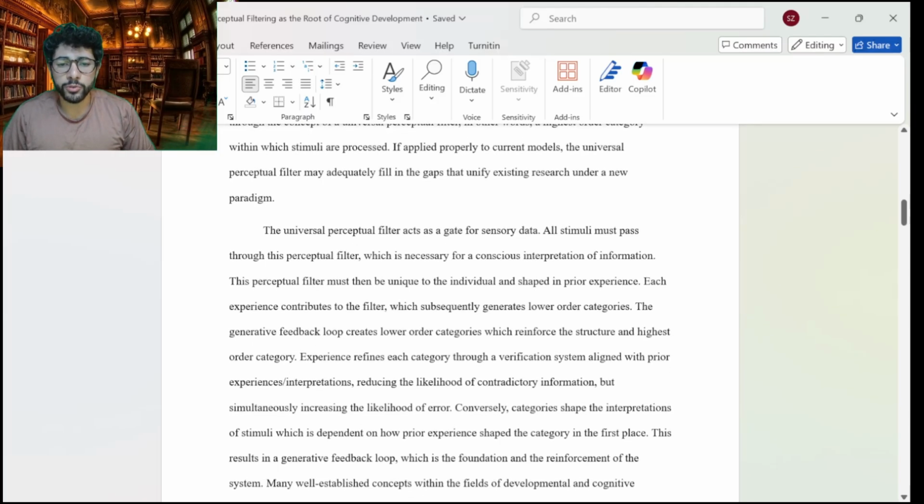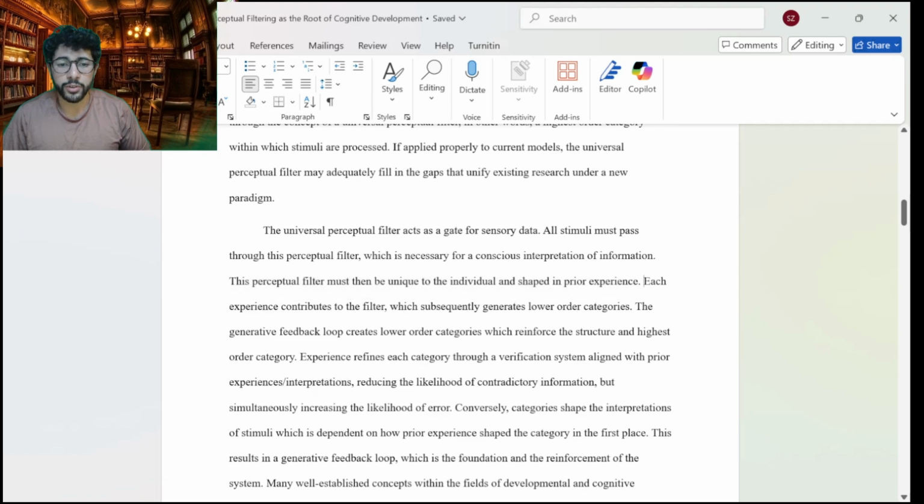So this perceptual filter must then be unique to the individual and shaped in prior experience. All I mean by this is that this filter at the top is going to be unique to you. And every single experience that you have ever had in your entire life will determine the construction of that universal perceptual filter.